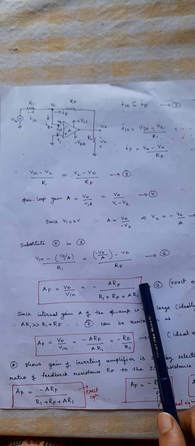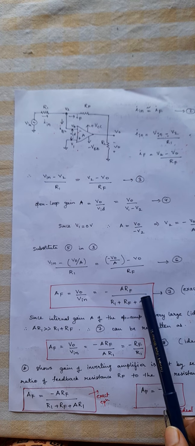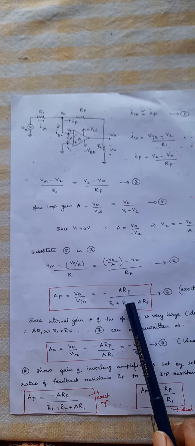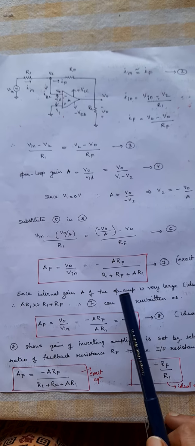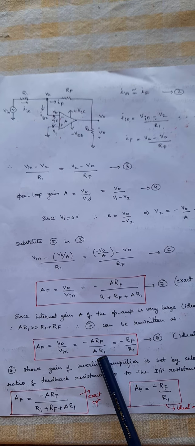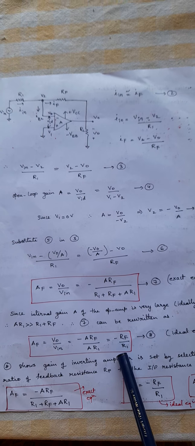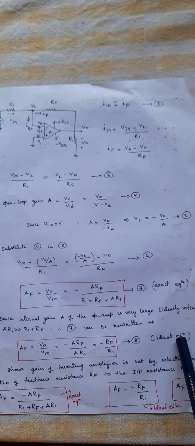So A is very large, and AR1 is very large compared to R1 plus RF. So what we have done? R1 plus RF is neglected. Once it's neglected, we can rewrite the equation as minus ARF by AR1, which is minus RF by R1, also known as the ideal equation of inverting amplifier.